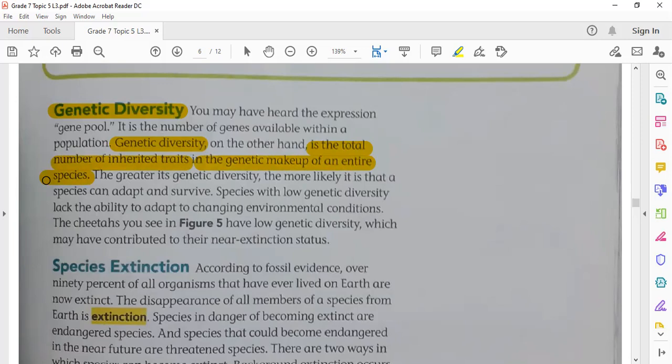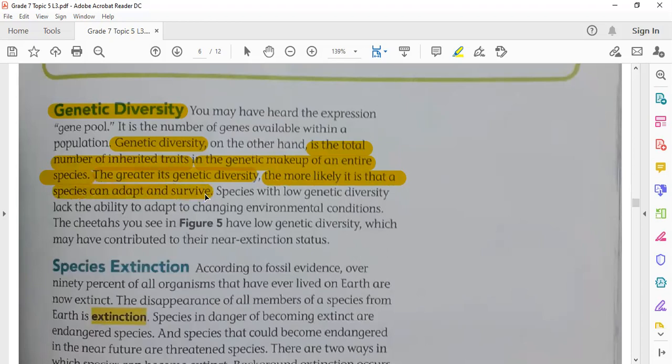What is the relationship between genetic diversity and biodiversity? This is the relationship. The greater the genetic diversity for a species, the more likely it is that the species can adapt and survive.